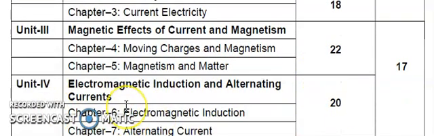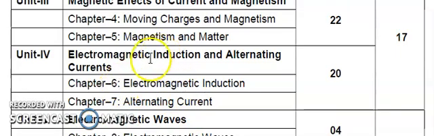Now in unit 4 you can see electromagnetic induction and alternating current. It means actually the chapter 4 is related to the induced current. Okay. Induced current was already introduced a little bit in class 10, and its application is alternating current. A type of induced current is alternating current.